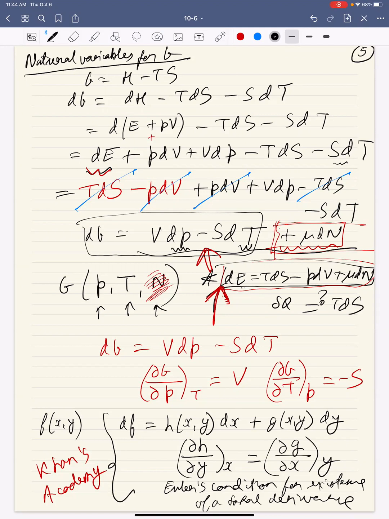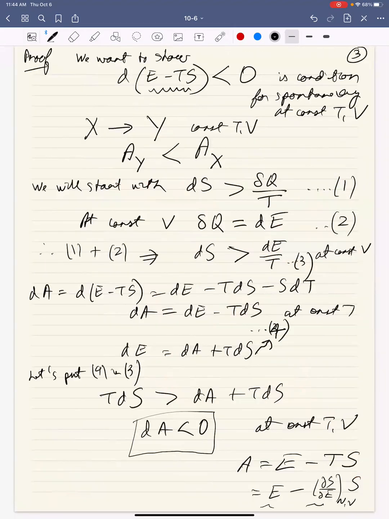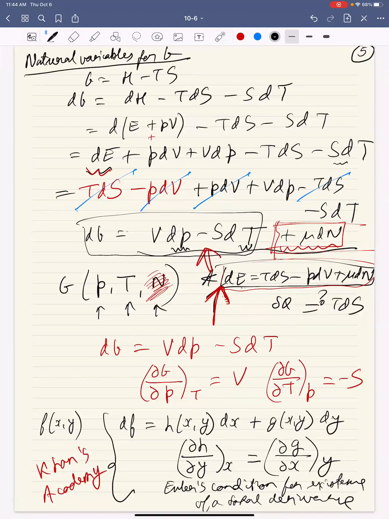So now let's apply, and I should number equations. So we have this one called equation 4, this one called equation 5, and let's call this Euler condition equation 6. I'll write it down over here because we are going to use it again and again.